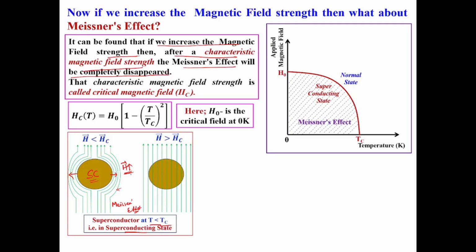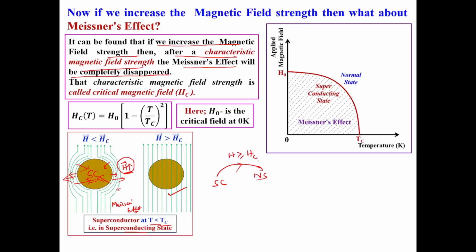That means after that characteristic magnetic field, the expelled magnetic flux will enter inside the superconductor like this. That means it transits from the superconducting state to the normal state when H is greater than or equal to Hc.